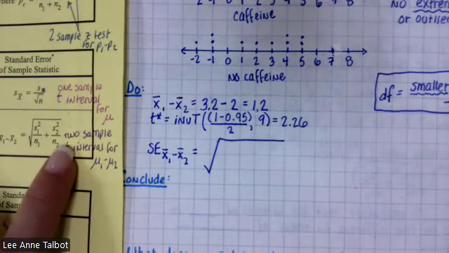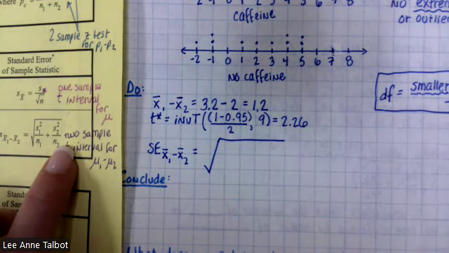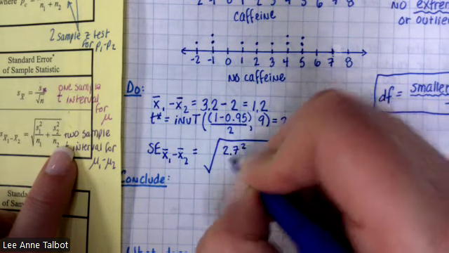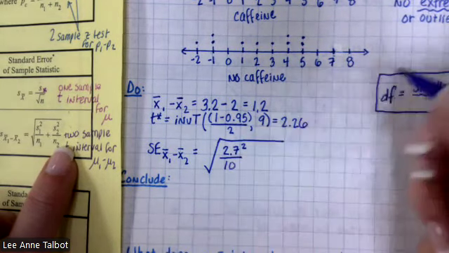Okay, standard deviation of the first one. It's 2.7, correct? Over 10.